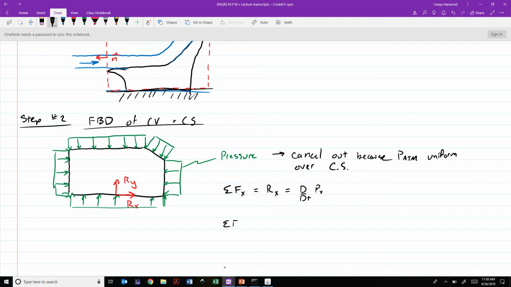And the sum of the forces in y, which is only the y reaction force, is equal to the time rate of change of the y component of momentum of the system.